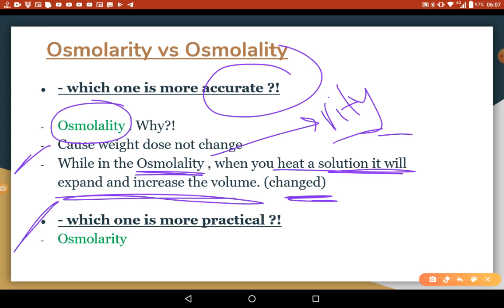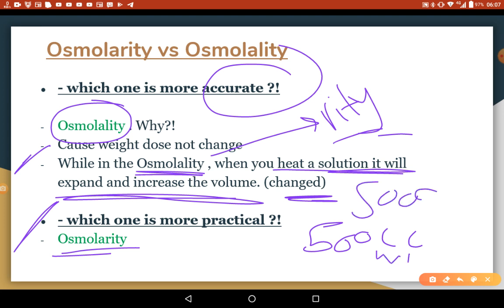The second one, which one is more practical? Osmolarity. Because if you are asked to give a patient normal saline, you're going to give him, for example, 500 cc or milliliters, not 500 grams or a kilogram of normal saline. That doesn't make any sense.